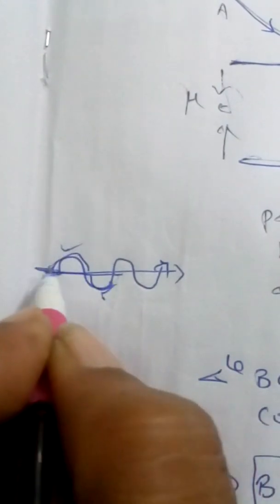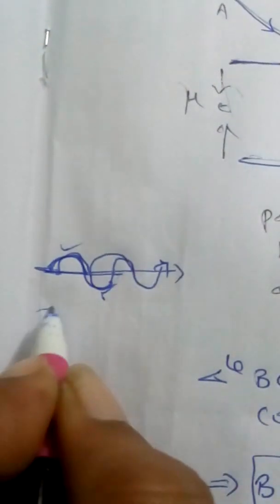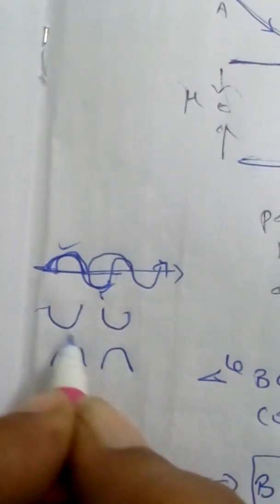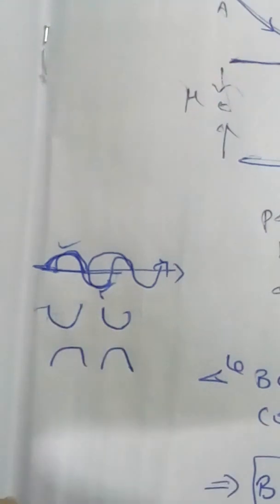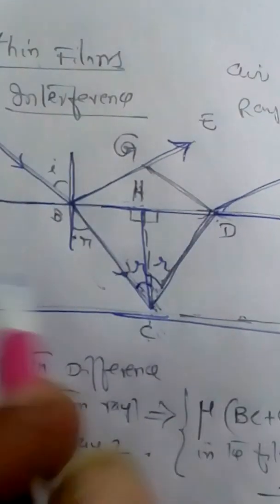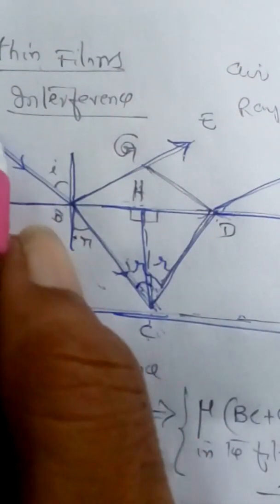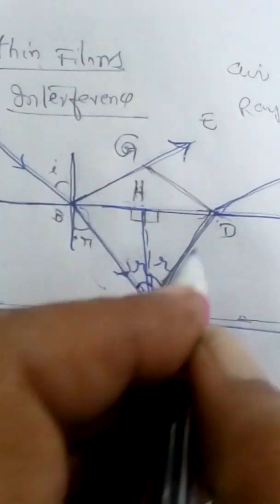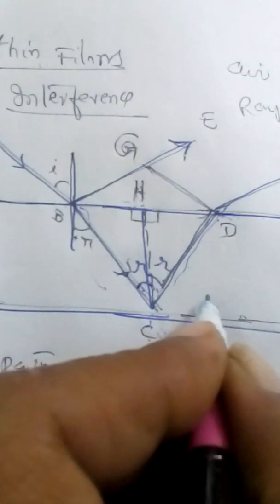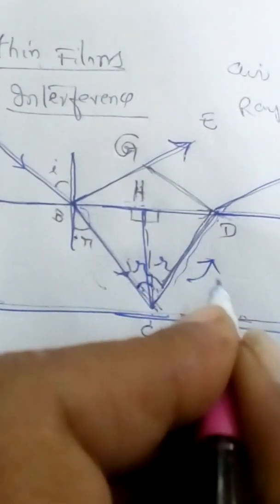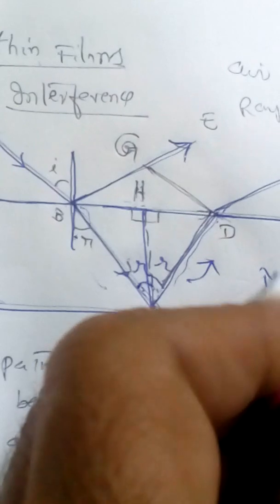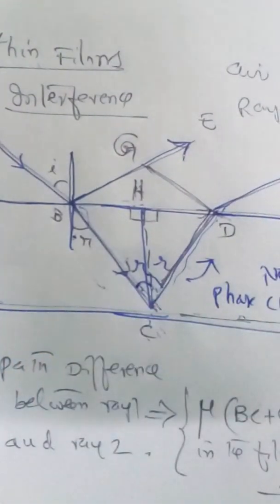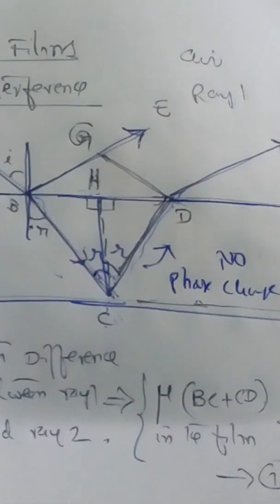Whereas if the wave is like this or like this, then there is no phase difference. Like that, the ray transmitted here and coming like this has absolutely no phase change. That is what you have to remember.